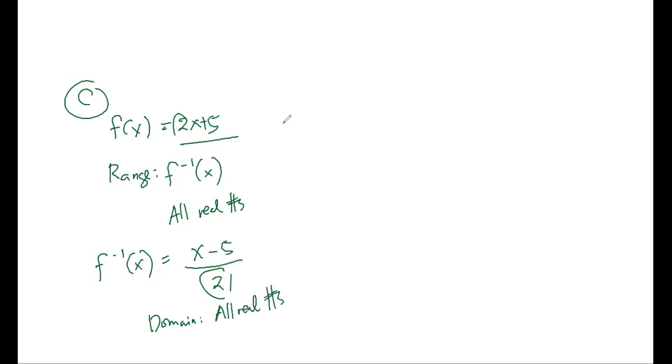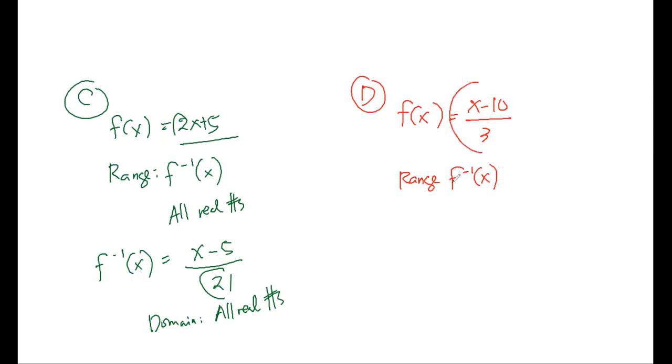Now let's go to example letter D. In example letter D, we have f of x equals (x minus 10) over 3. The range of our inverse function is the domain of this one.